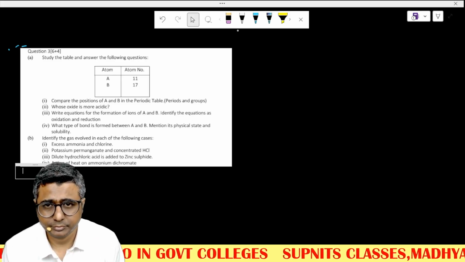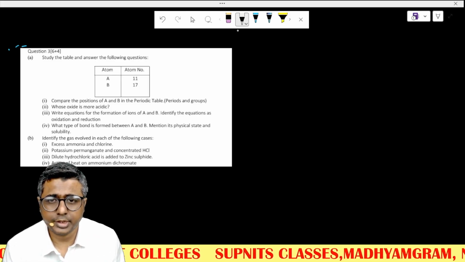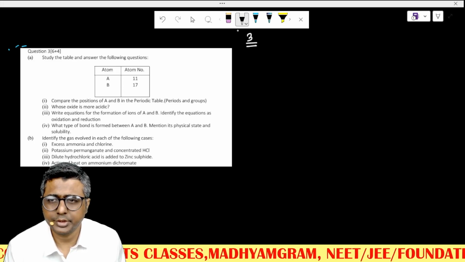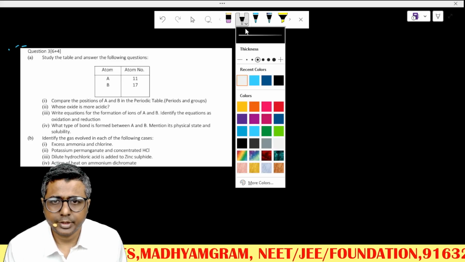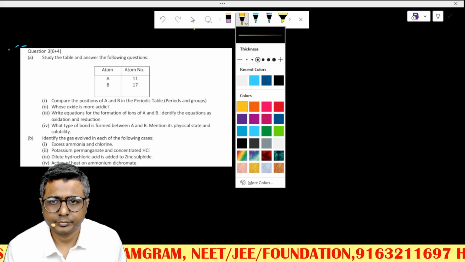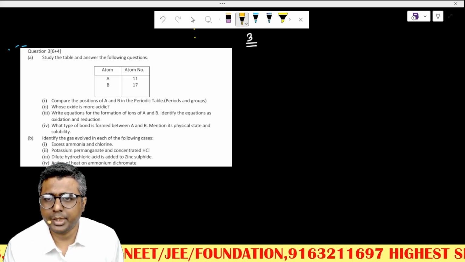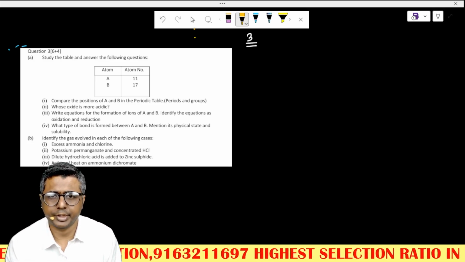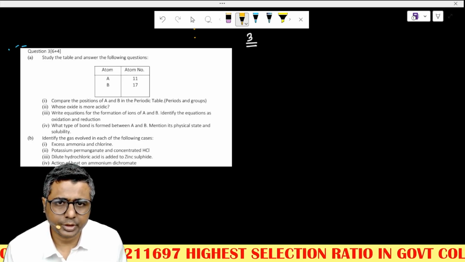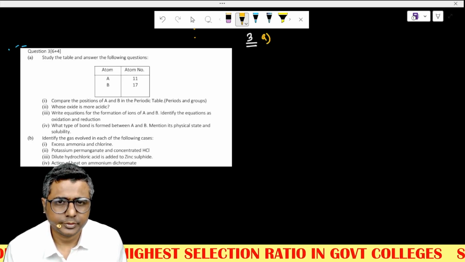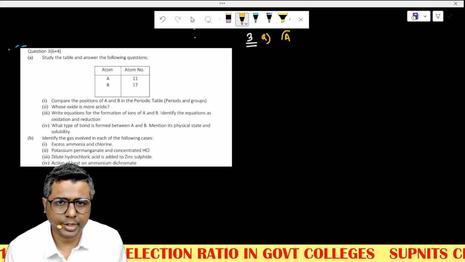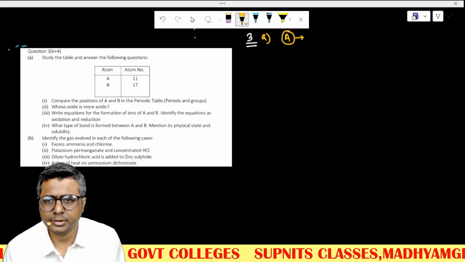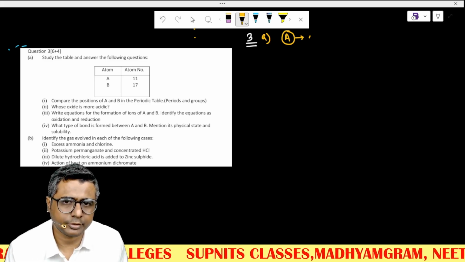Question number 3, another very good, easy, attemptable question. Study the table and answer the following questions. The first question is, compare the position of A and B in the periodic table. Question number 3A. If I want to do A only first, A has atomic number 11, so 11 electrons.